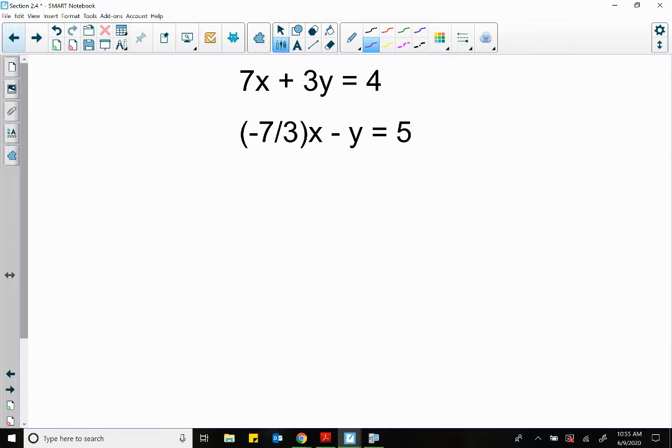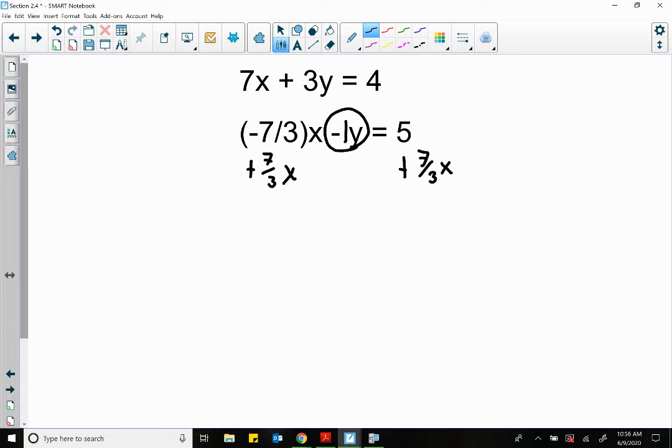Okay, so the variable to solve for is going to be this y value that's right down there. Notice it's negative this time, so you're going to get a chance to reverse all those signs. So all we have to do, how do I get rid of a negative 7/3 x? Add 7/3 x.